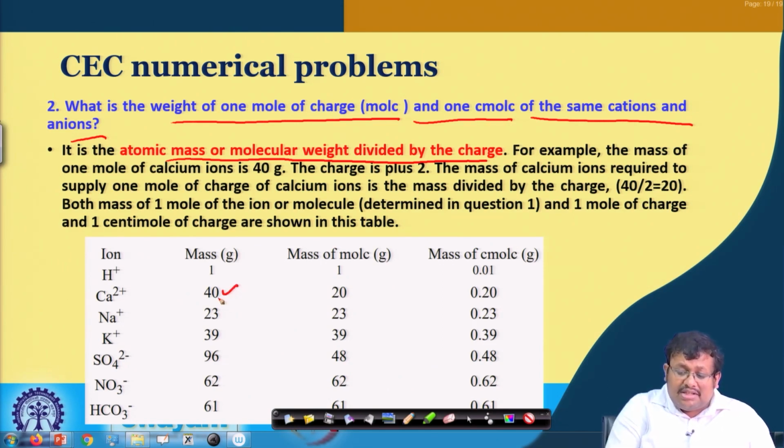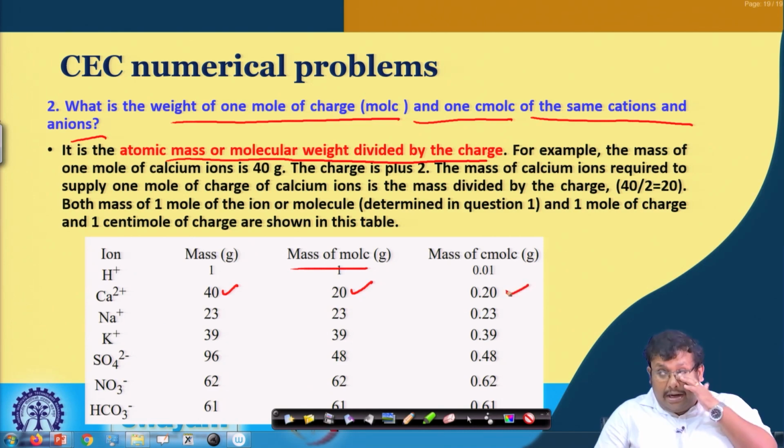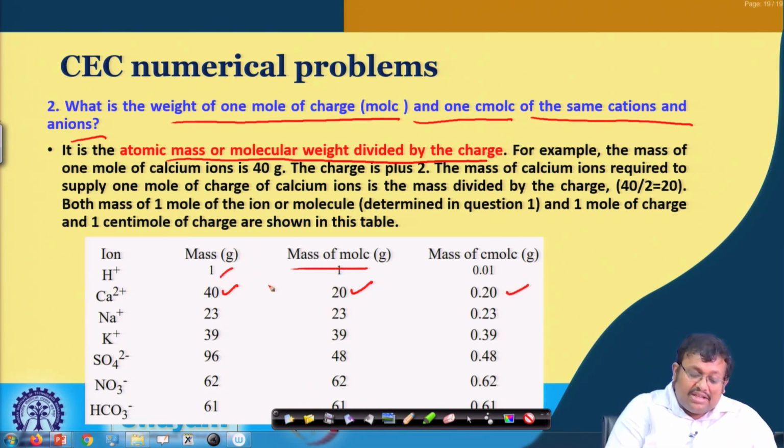So, the mass of calcium required to supply 1 mole of charge: the mass of molar charge will be 40 divided by the valency or charge, that is 40 divided by 2, that is 20. When we calculate the mass of molar charge, obviously the mass of centimolar charge will be 1/100th of it. Similarly for each one: in the case of H, since the valence is 1, we have the same molar charge, and the mass of centimole of charge is 0.01.